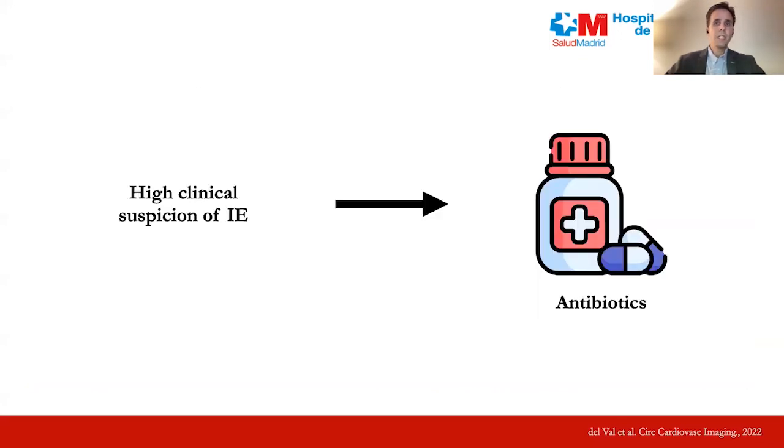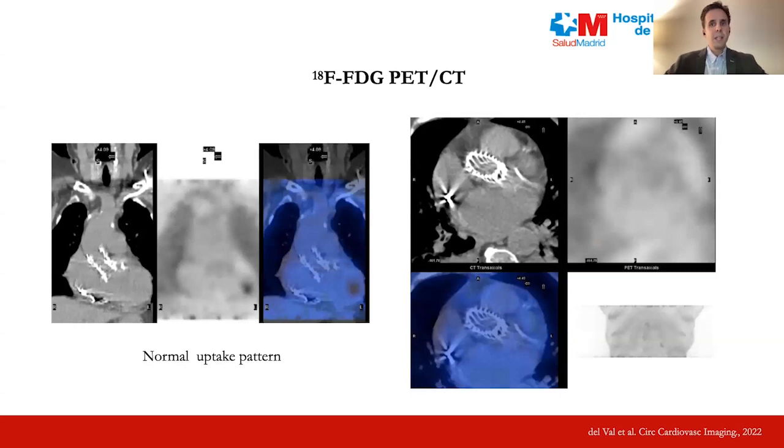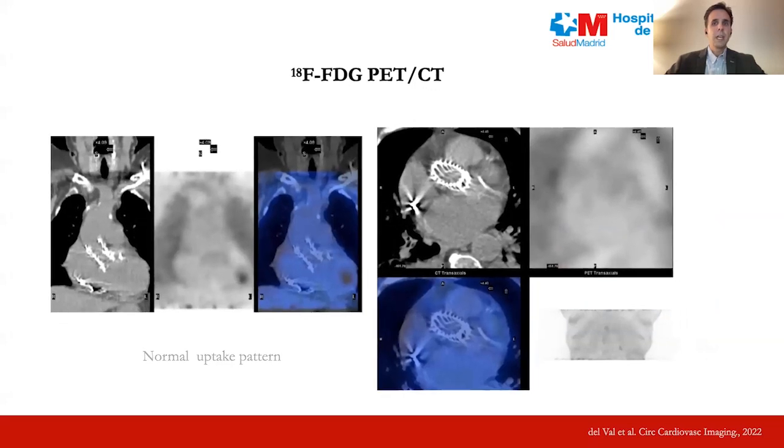So based on these echo findings and the high initial suspicion of infective endocarditis, we obtained blood cultures and started broad spectrum antibiotic therapy. And the next day, the patient underwent an 18F-FDG PET CT, and surprisingly, we observed a completely normal uptake pattern in both the TAVI prosthesis and the mitral valve.